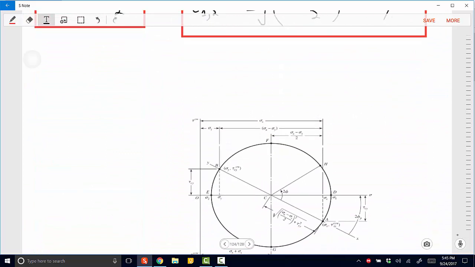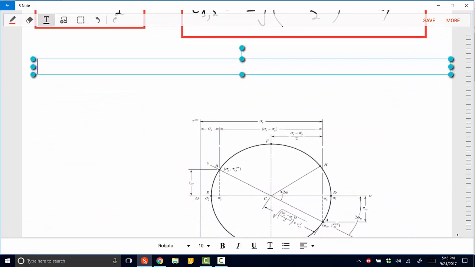And let's write Mohr's circle here, and let's rearrange this and change our setup a little bit. Mohr's circle.